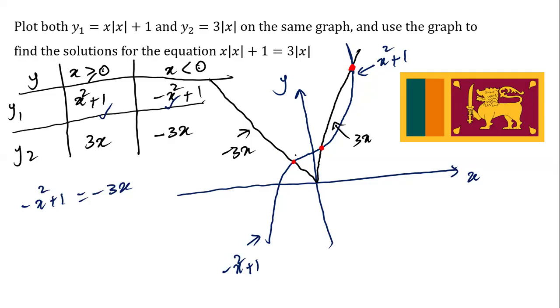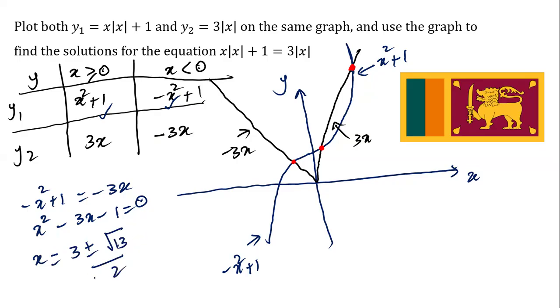So we need to equate both of them in all of these three places, and we need to find those solutions. When we make this a quadratic equation, it becomes x square minus 3x minus 1 equals 0. We have already solved this for the UK students and the Indian students. We got the answers as x equals 3 plus or minus root 13 over 2.